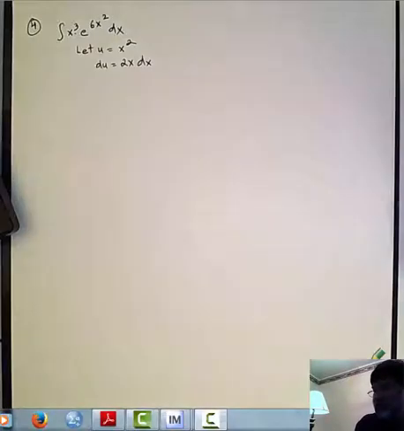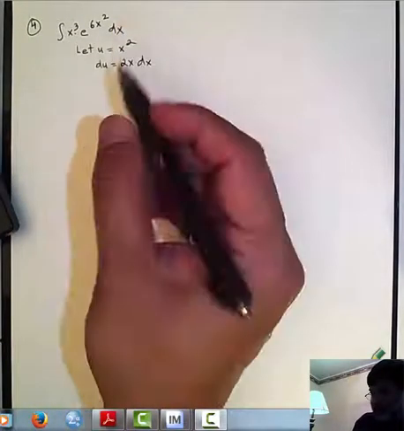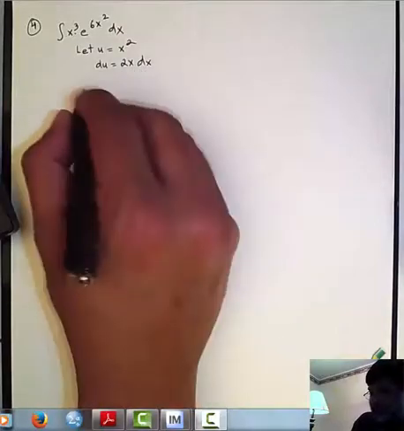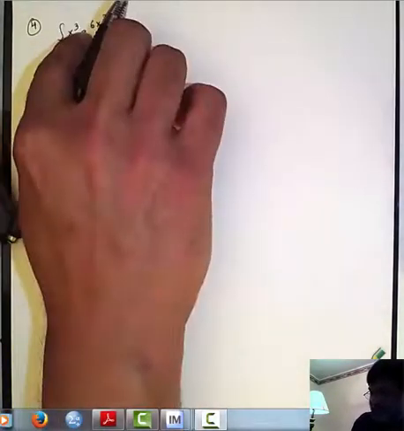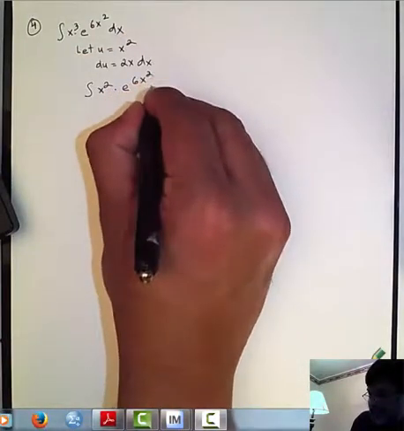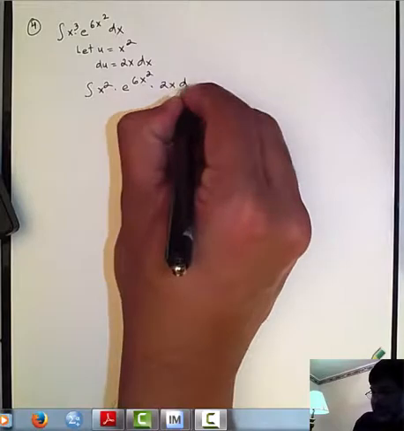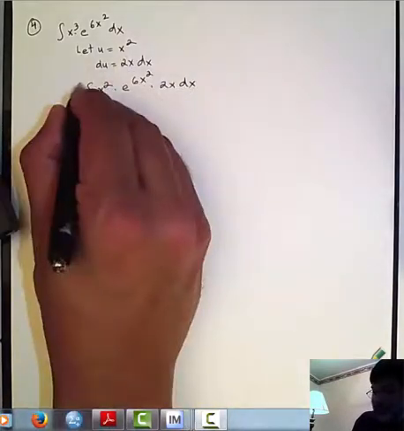Okay. Now we will look up here, we have x cubed e to the 6x squared. So if we can bring in a 2x, so I'm going to take one of the x from the x cubed, and that's the x dx, but I need a 2, so I'm going to take that 2 away by multiplying by half.